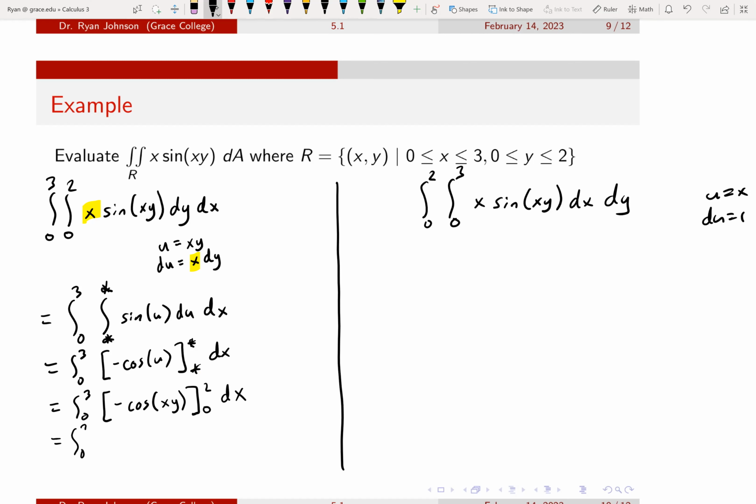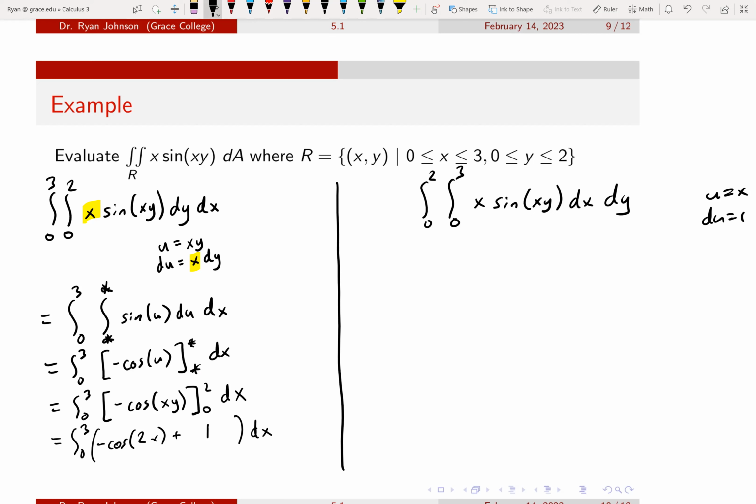So that's 0 to 3 of, plugging in, now I'm dealing with y's, negative cosine of 2x minus negative, so plus cosine of 0, because 0 times x will just be 0, dx, and cosine of 0 is just 1.